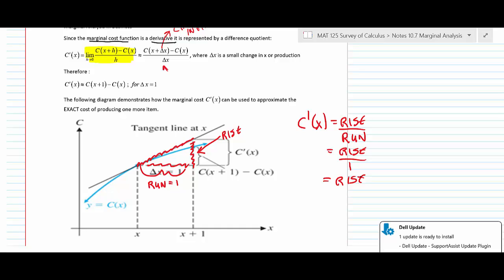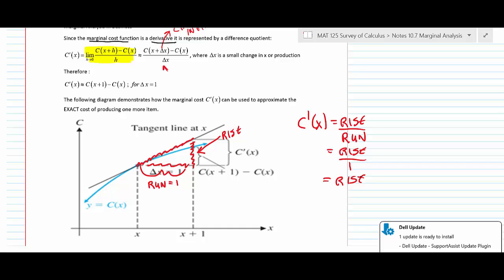That's the tangent line of that function at X, and it's rise over run. The run's 1 because we want to produce one more item. So rise over 1 is the rise. In this problem, from there to there is the rise. You guys with me there? Okay, so that's what you get.